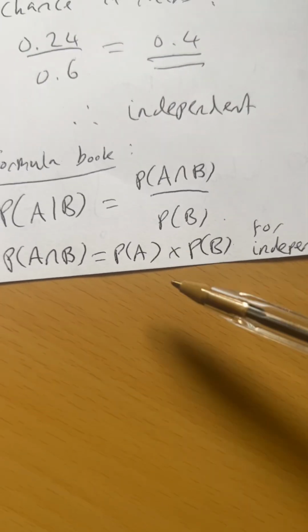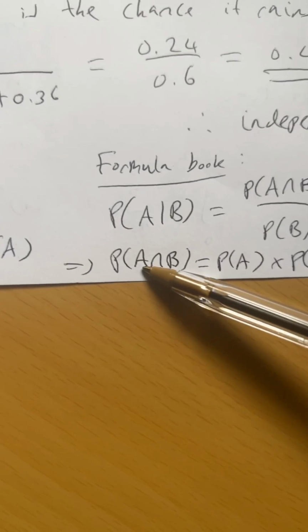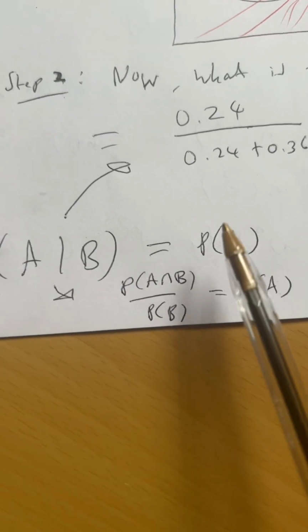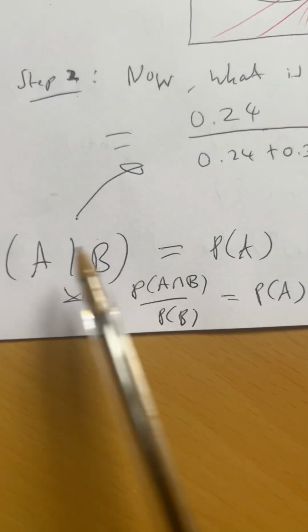That's the reason why if you times these two probabilities together and get the intersection, it means they're independent, because it all stems from this calculation: if the probability of A has not changed after this event has occurred, it means they're independent.